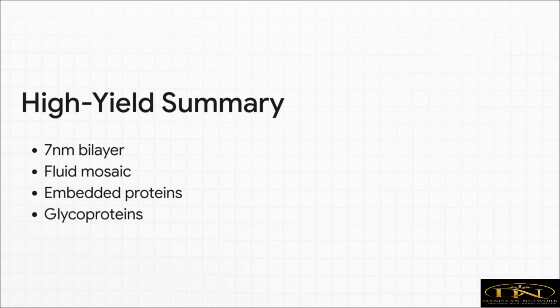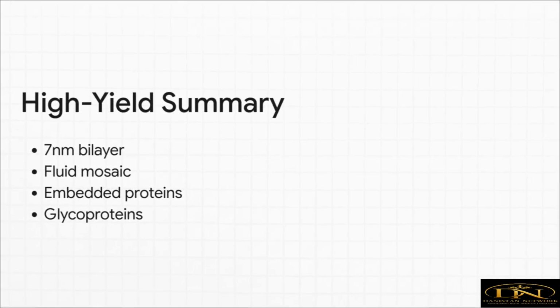All right, class, let's lock in everything we've just learned with a rapid, high-yield summary of our microscopic architectural tour. Number 1, phospholipids self-assemble into a tiny 7-nanometer bilayer. Number 2, Singer and Nicholson's 1972 fluid mosaic model perfectly confirms this is a dynamic, moving environment. Number 3, bent, unsaturated fatty acid tails are what maintain that crucial fluidity.